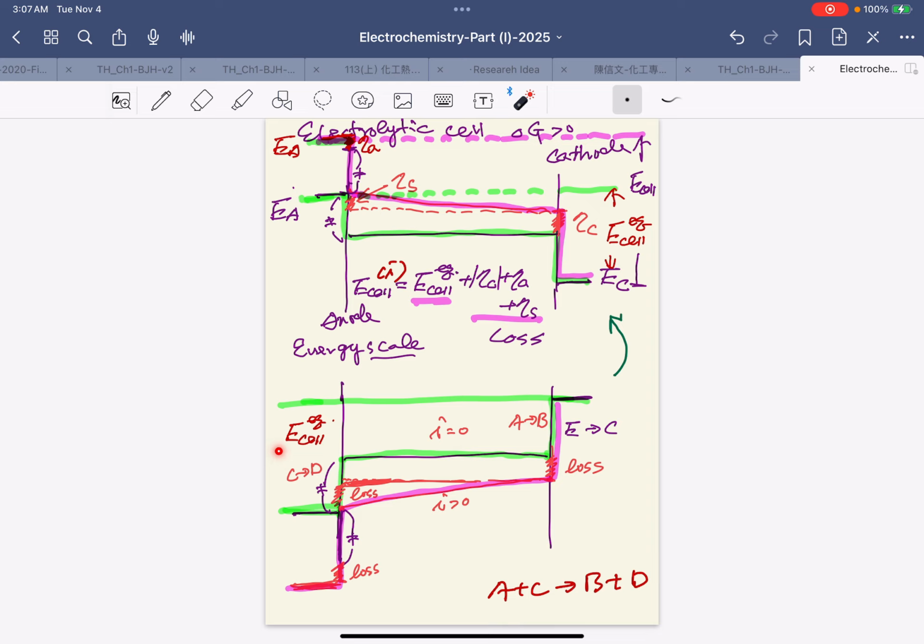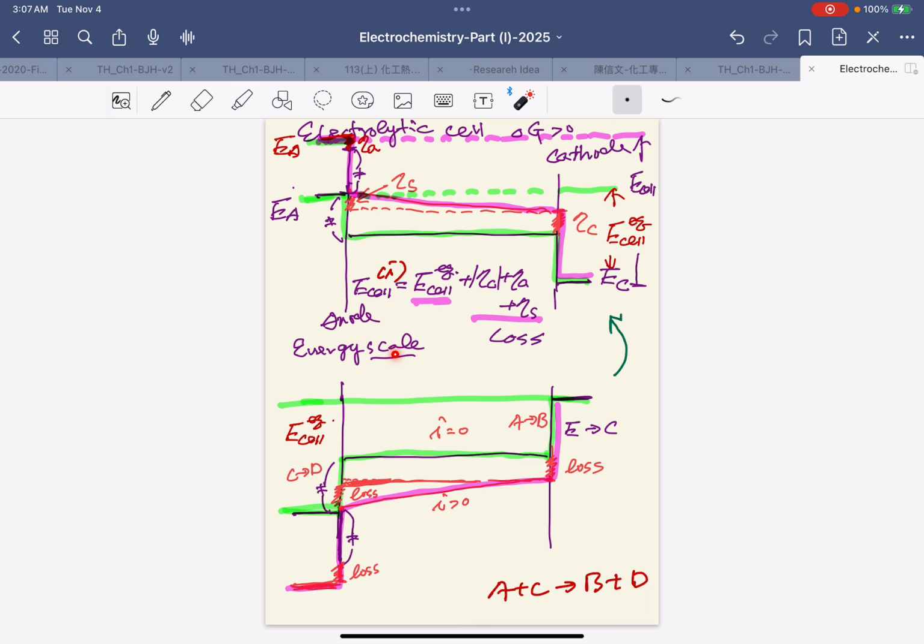If you cannot pump this electron back, then the reaction cannot complete. So you need a power source, like a pump to pump water, you need to pump the electron to high energy again, so the reaction can continue.